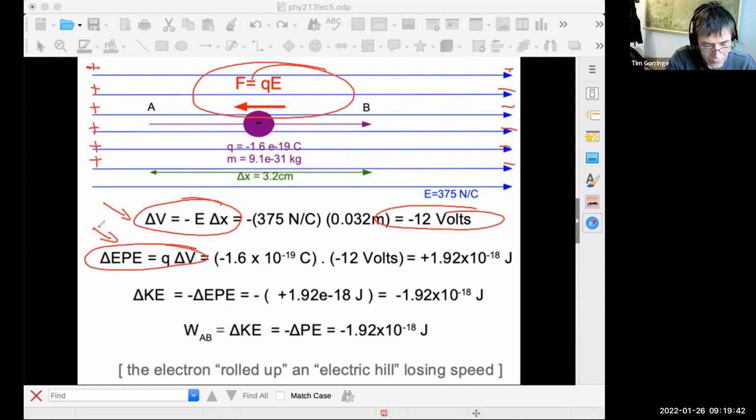And so we rearrange that, plug in the charge, plug in the change in potential. We get the change in potential energy. And now this comes out to be positive. So it's because we're storing more electrical potential energy as the electron kind of rolls up the potential hill. We're increasing the store of electrical potential energy.